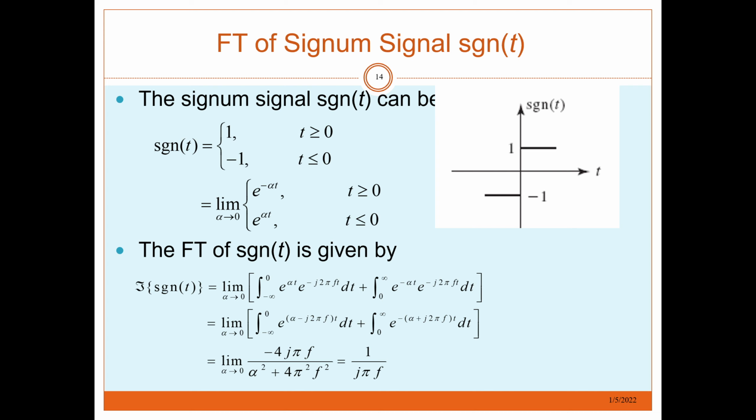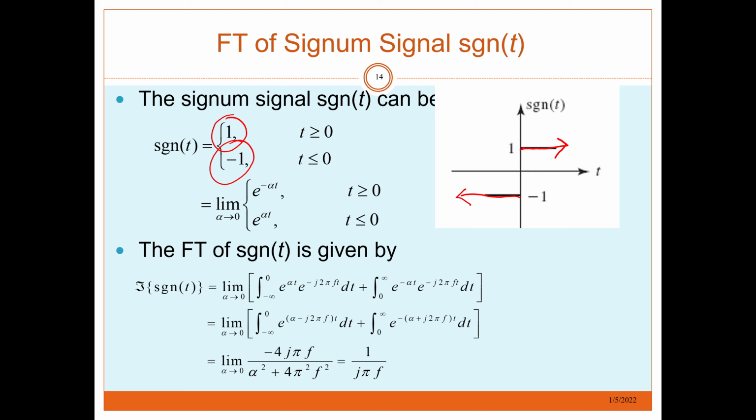Alright, the next common signal is the sine signal, or signum signal. The signum function can be defined as 1 for t larger than 0, and minus 1 for t less than 0. So this is the definition of the signum function.